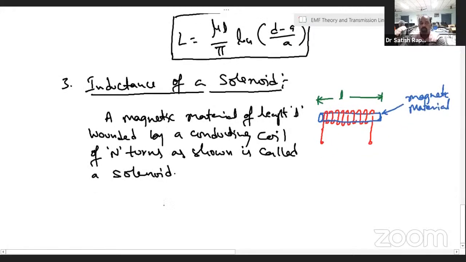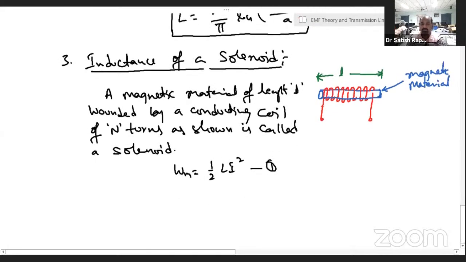And to determine the inductance of a solenoid, again the same procedure of half L i square, and this is equation 1.